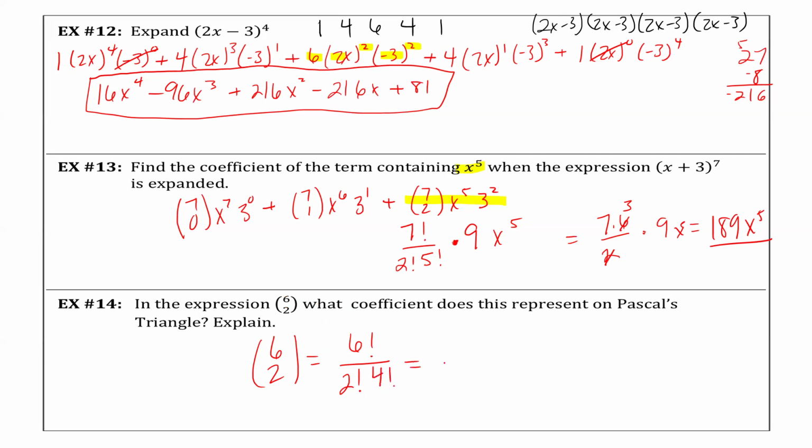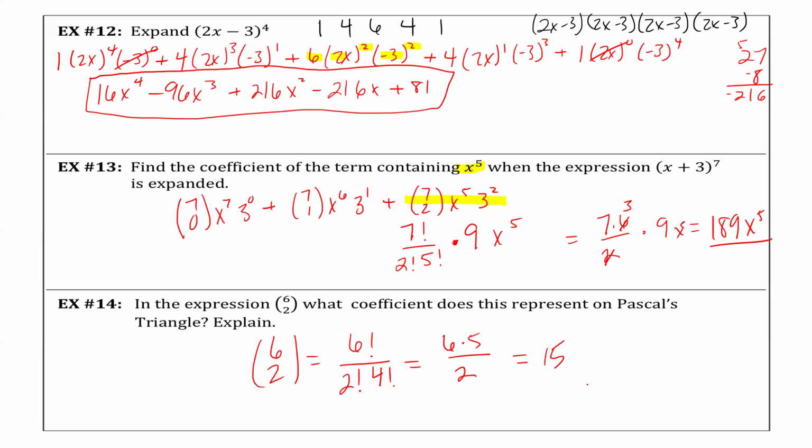Okay, now keep simplifying. What can cancel out? The 4, 3, 2. So we're left with 6, 5, and 2. Or just math it out. What is that? Equal 15. So this is the third coefficient.